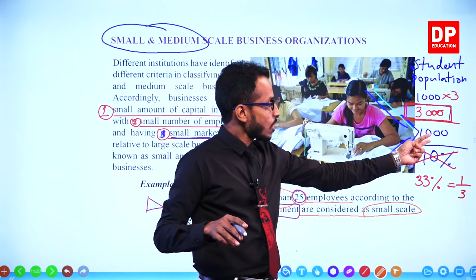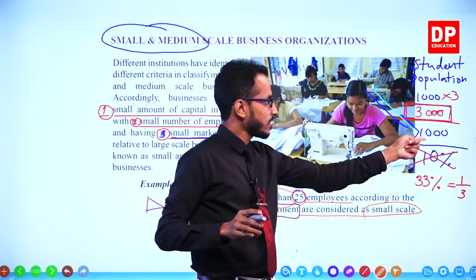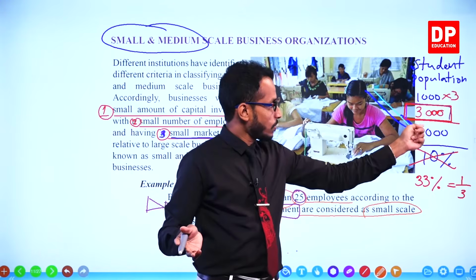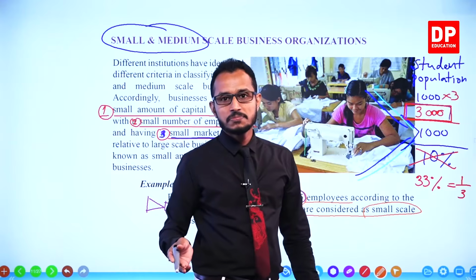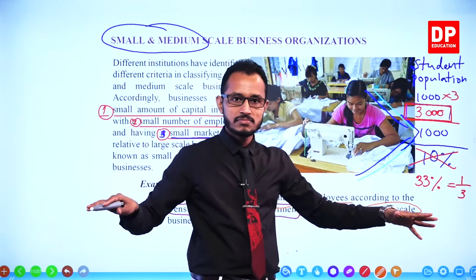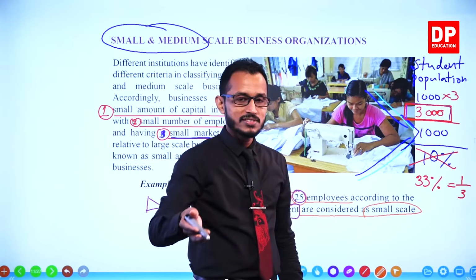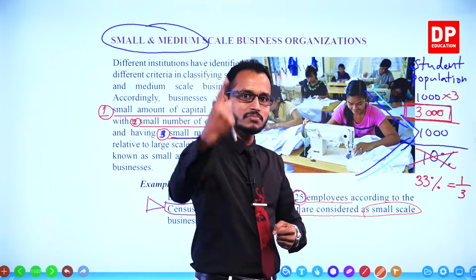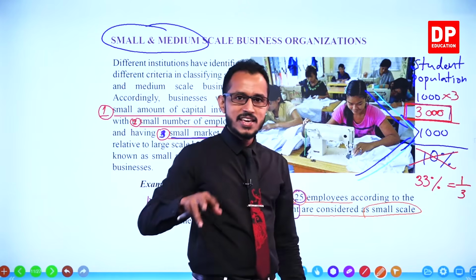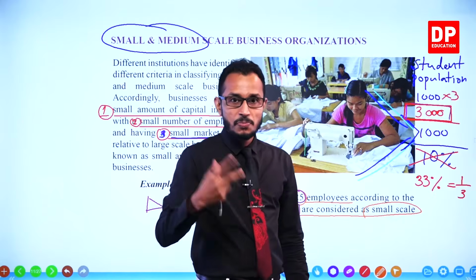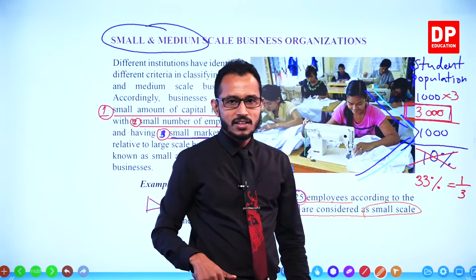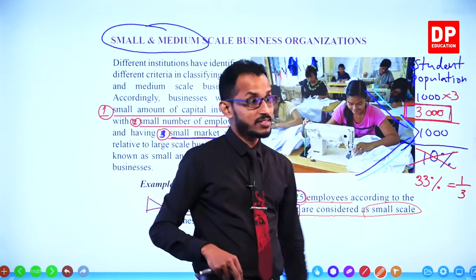If you don't provide this 1,000 from your garment factory, the total market will face a difficulty, because 1,000 uniforms are not provided. That means you can influence, you have an impact, you have a say in the area. People expect your products to come to the market. If you don't put your products to the market, that will be a problem.